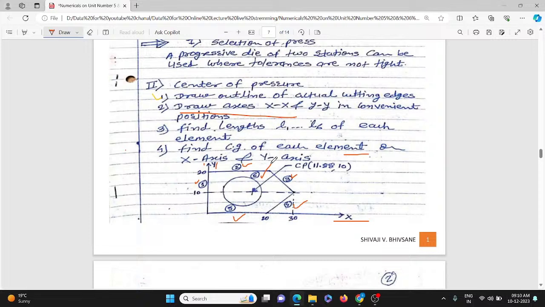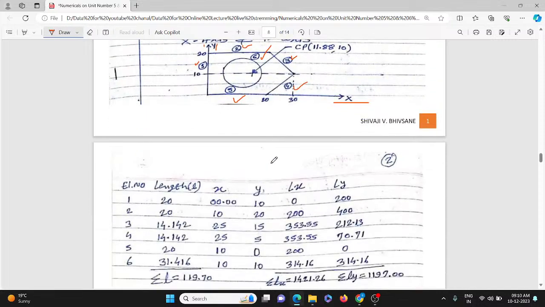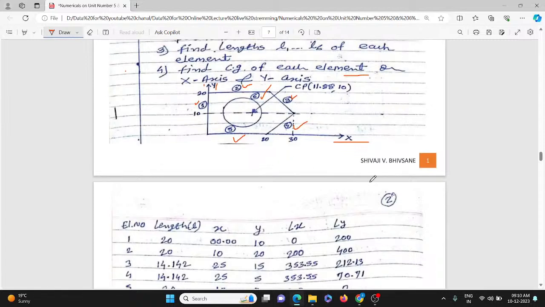So there are 6 total elements, and you have to calculate the center of pressure of these elements. Here you can see the table, where the elements 1 to 6 will be mentioned. Then the lengths of those elements will be calculated.